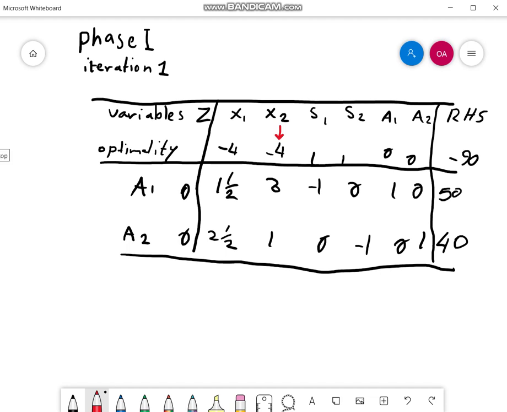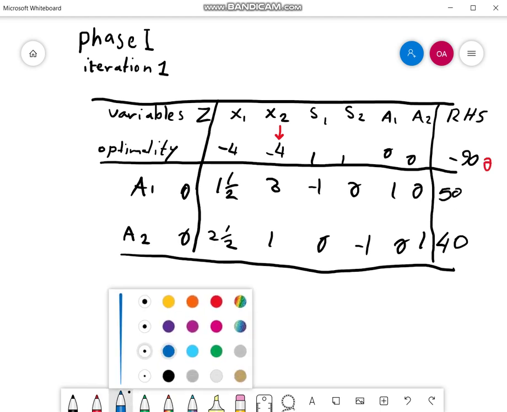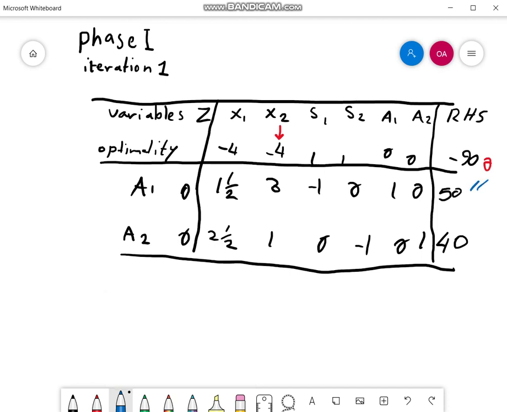So then I'm gonna calculate the ratio. So I'm gonna decide which of these is gonna be my bottleneck. So 50 over 3, which is equal to 16 and 2 over 3. Then 40 by 1, which is equal to 40.